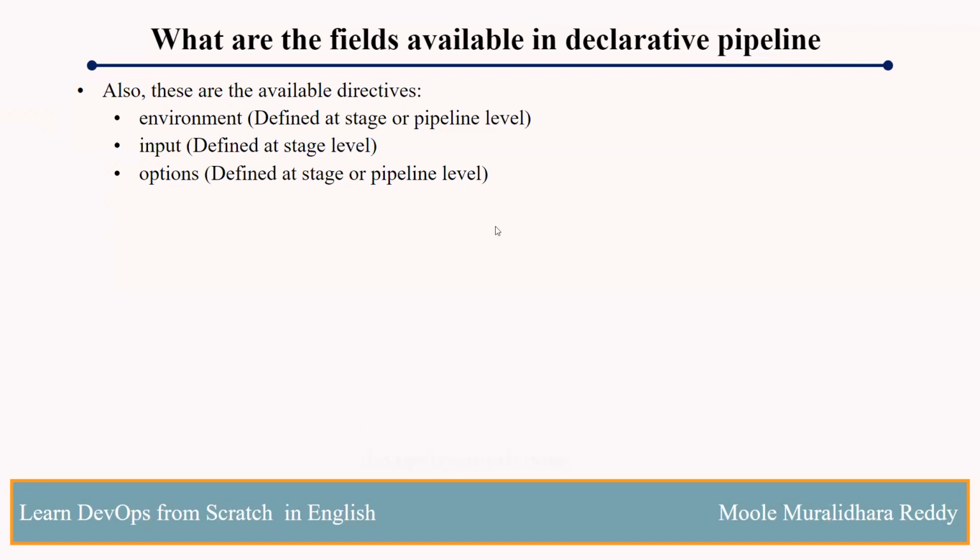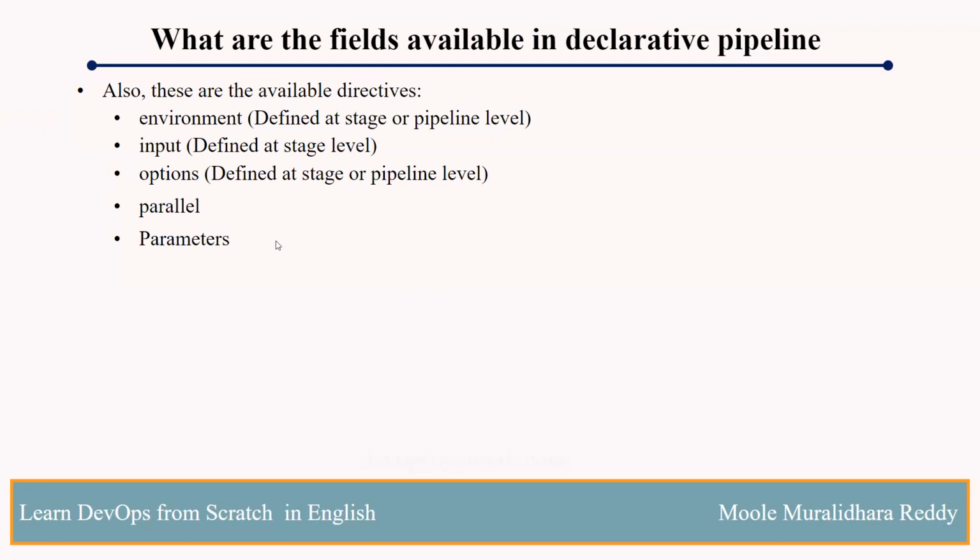Next one, parallel. If you want to run particular stages parallelly, you can use the parallel option. For example, you have two to three stages. If you want to run the first stage and second stage parallelly, you can use the parallel option to run those stages parallelly.